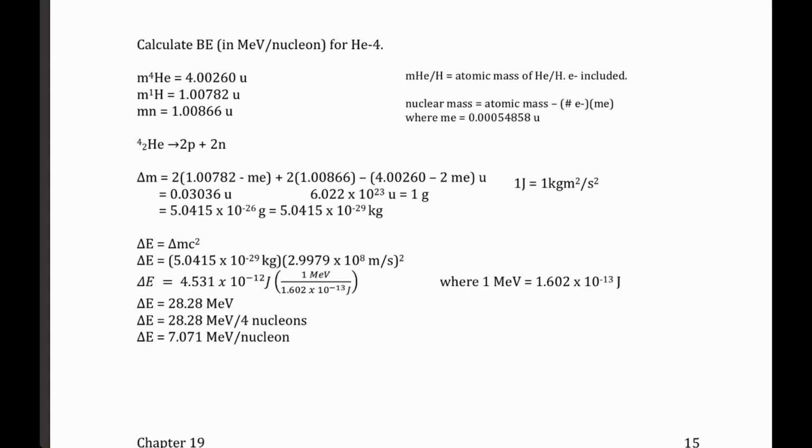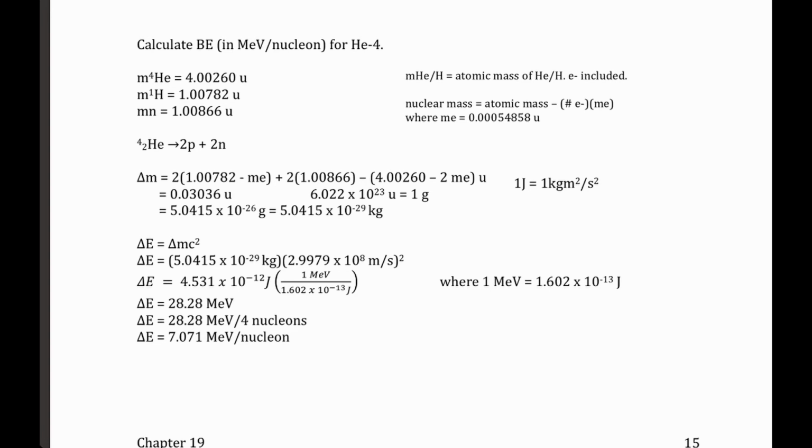That is the unit with the conversion to grams I give below in the problem. 1 gram is equal to 6.022 times 10 to the 23rd U. So U, the atomic mass unit, is just a very, very tiny mass unit, and so it takes many of them to equal a gram.